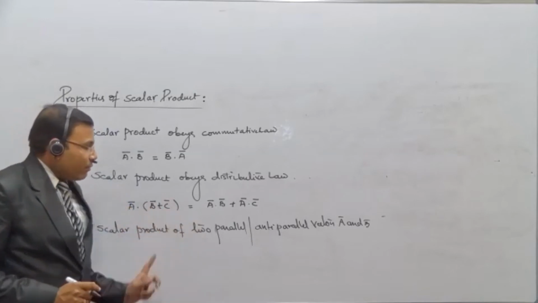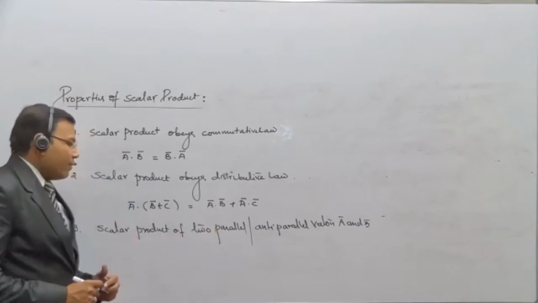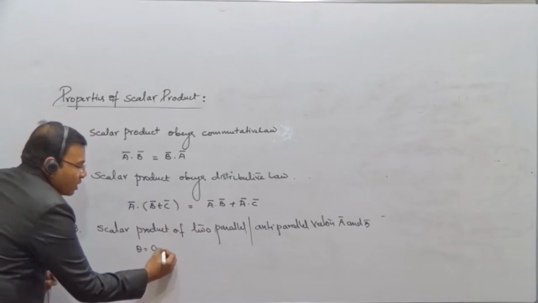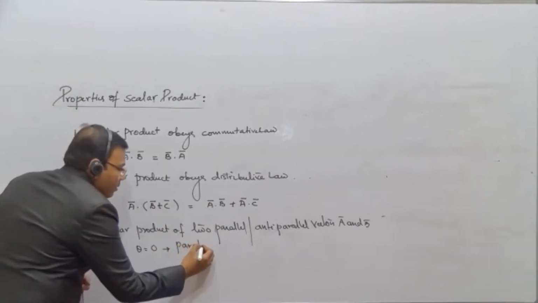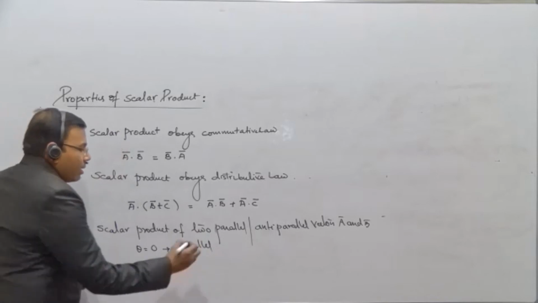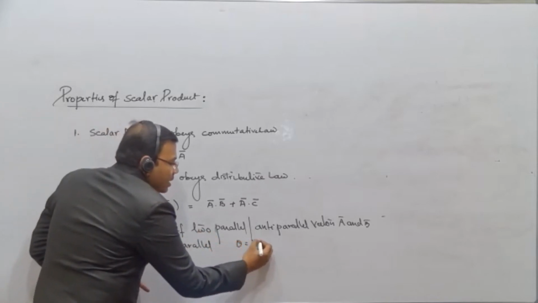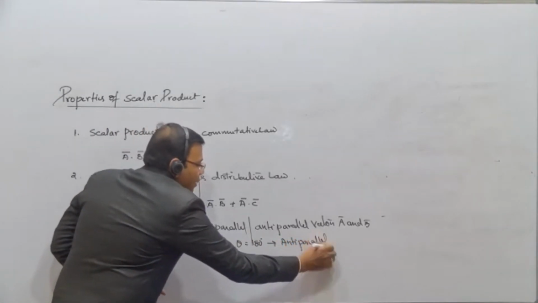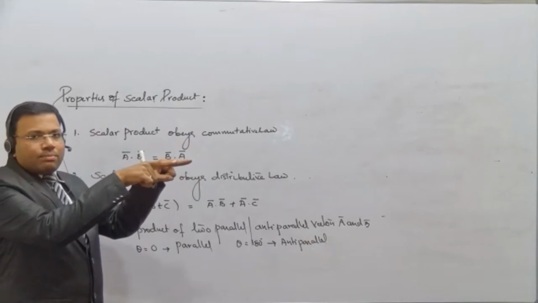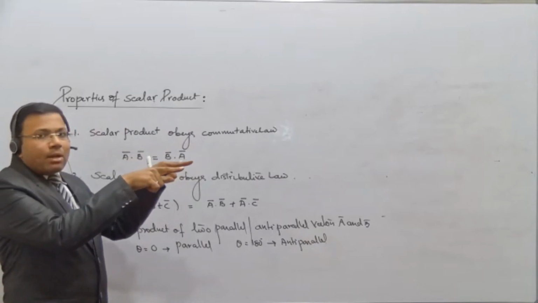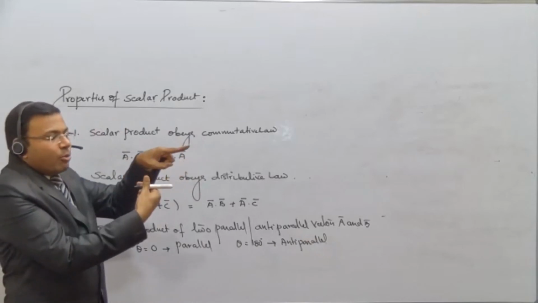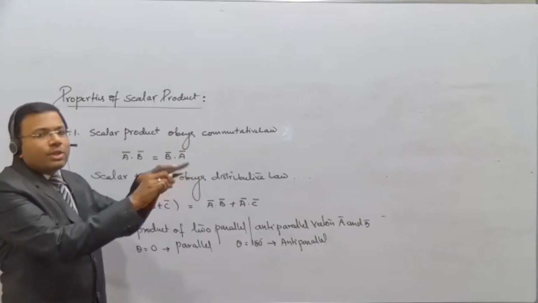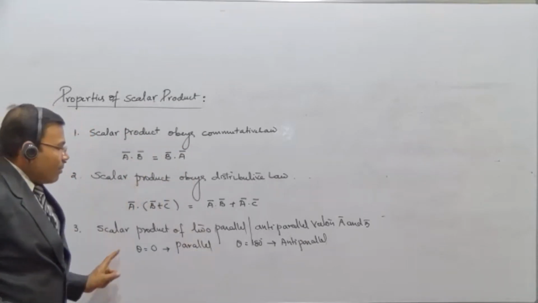So for parallel vectors, theta is 0, and if I take theta as 180 degrees, this I have to take for anti-parallel. Parallel means both are in the same direction. Anti-parallel means they will be opposite to each other like this. So in this condition, you have to consider 180, and in this condition, you have to consider 0. Both I have written.